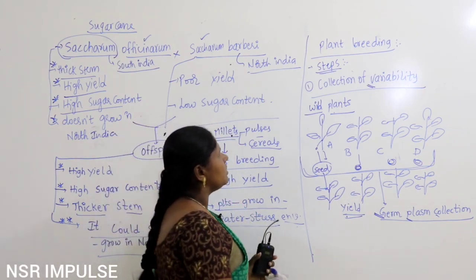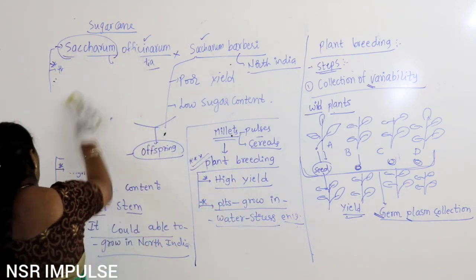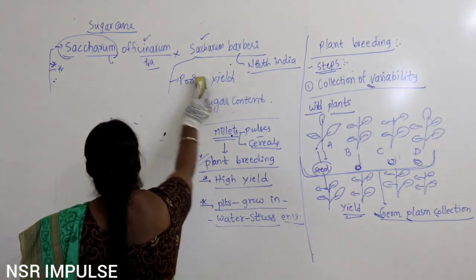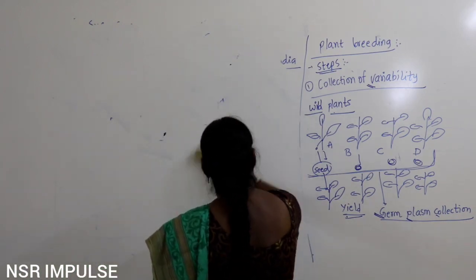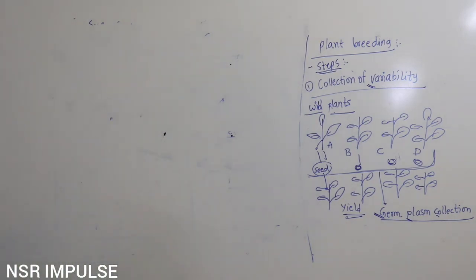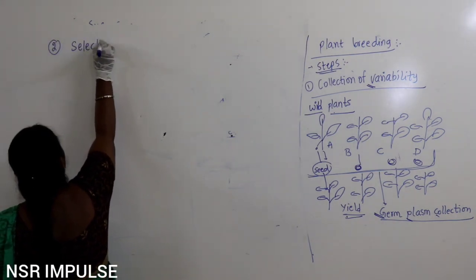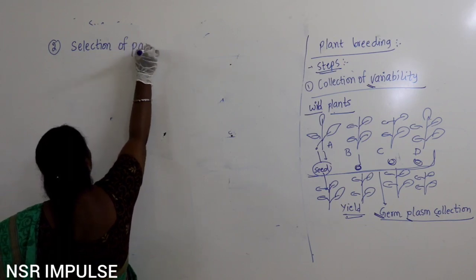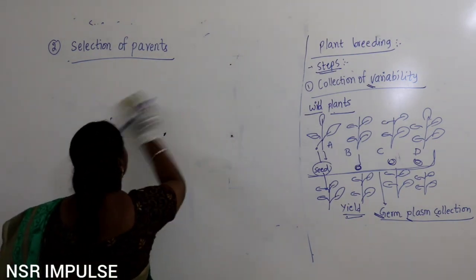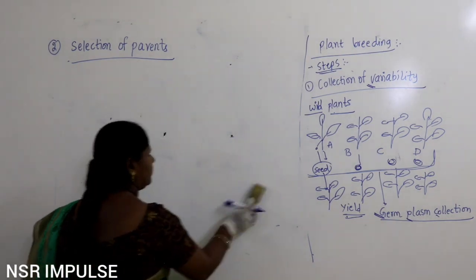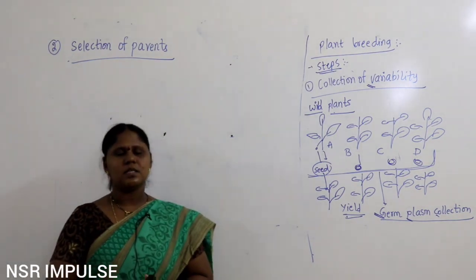Right. Next, the second one is selection of parents.